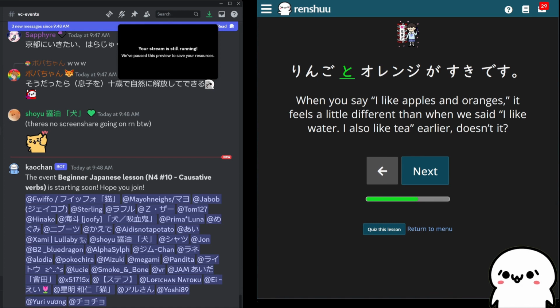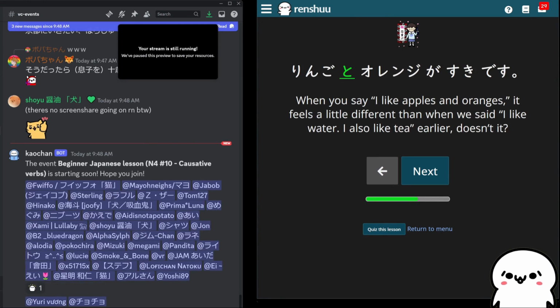There's no conjugation change because it's plural. In fact, plural doesn't really exist in Japanese. We'll get to that in a later lesson. But the explicit plural, as in I just add an S to something, or I'm talking about two things, so the verb needs to change, that doesn't exist, which actually makes it easier in a lot of ways.